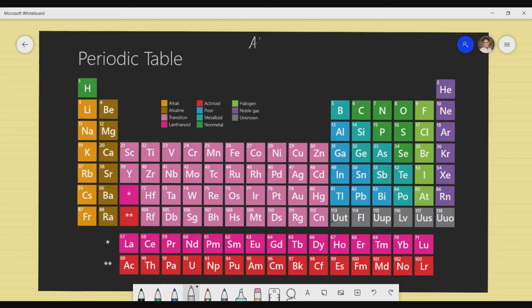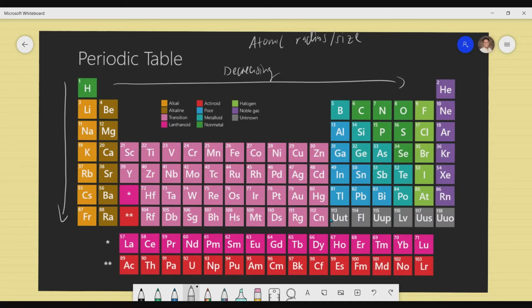According to our guide, from left to right, your atomic radius is decreasing. From top to bottom, it is increasing.